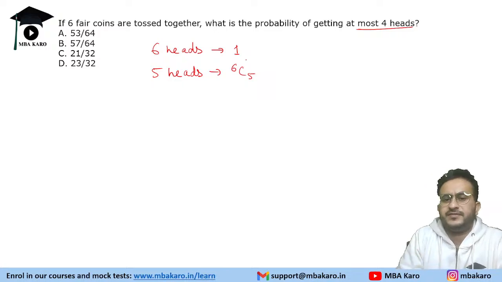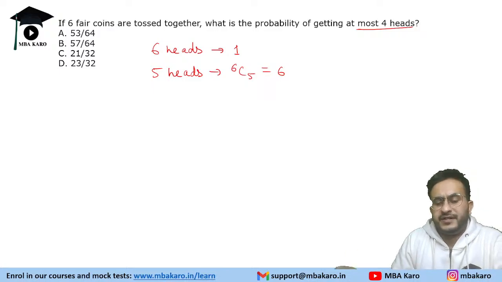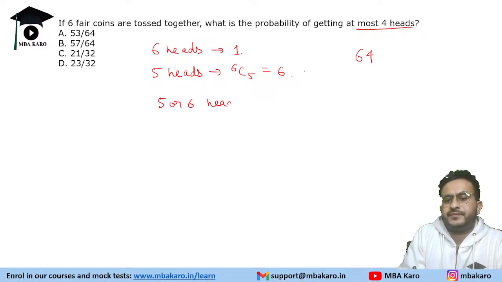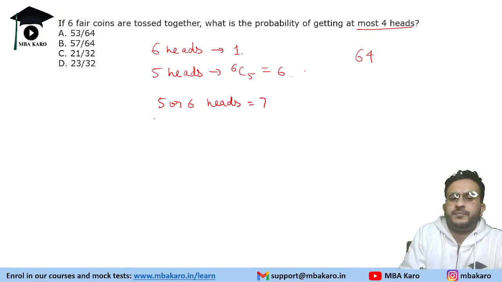Okay, 6C5, or you can take 6C1 also. So basically 6 ways of getting 5 heads, right? So see, there are a total of 64 outcomes. 6 heads can come in 1 way, 5 heads in 6 ways. So 5 and 6 heads can come in 7 ways, right? So that means at most 4 heads, maximum 4 heads, we can attempt it.